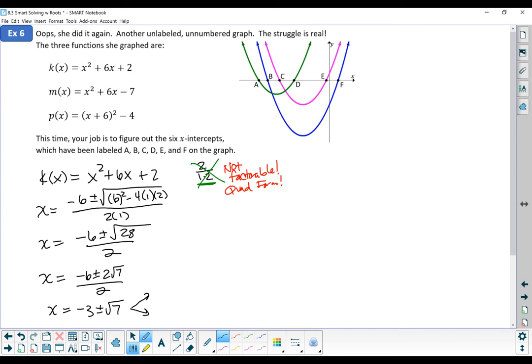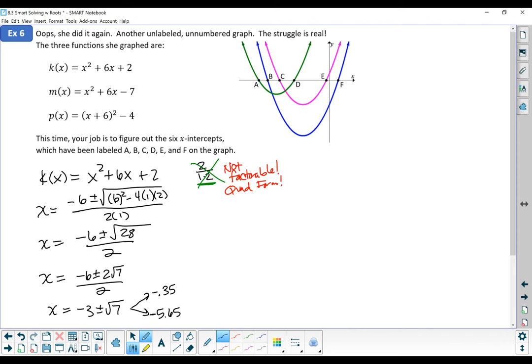Negative 3 plus root 7 is about negative 0.35. And negative 3 minus root 7 is about negative 5.65.